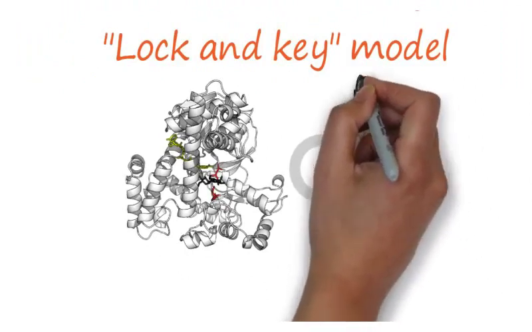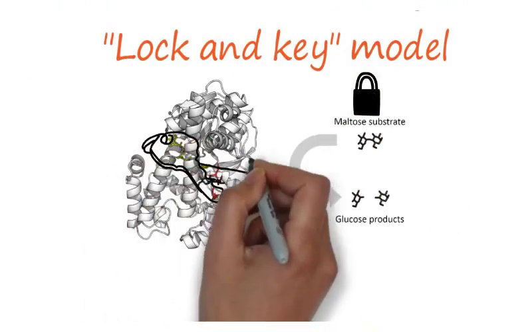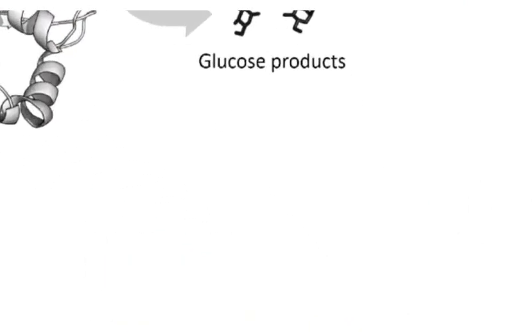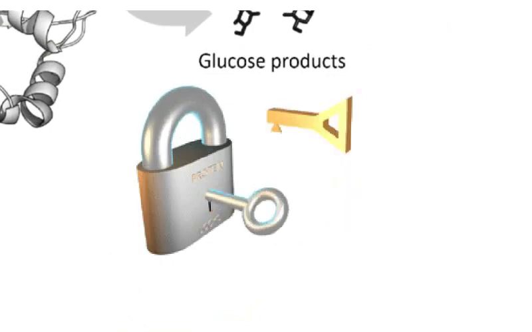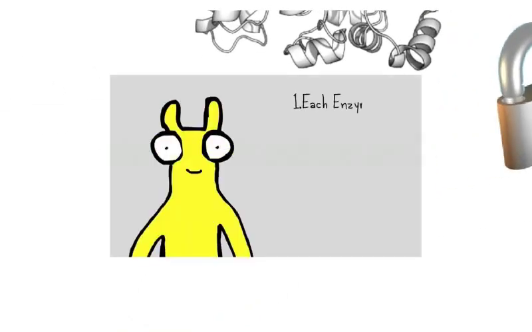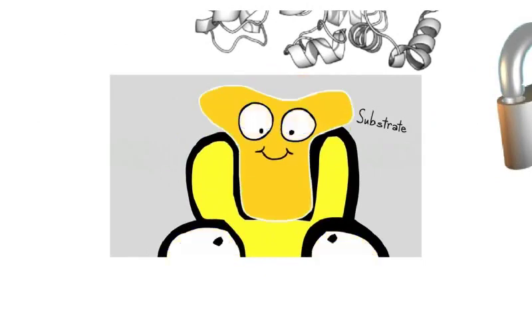According to this hypothesis, the enzyme is imagined like a lock and the substrate like a key. A specific key can open a specific lock. Similarly, a specific enzyme can break only a specific substrate.